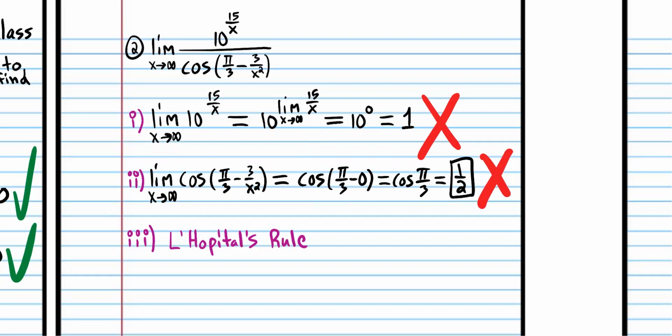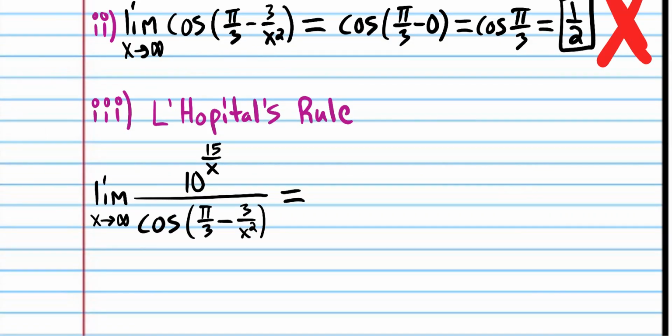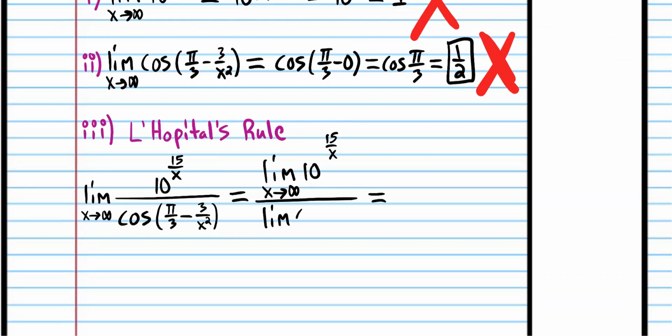So we have to use some other method, and the method that we're going to use is the limit laws. So let me copy this. The limit laws tell us that the limit of that expression is the limit of the numerator over the limit of the denominator as x approaches infinity.